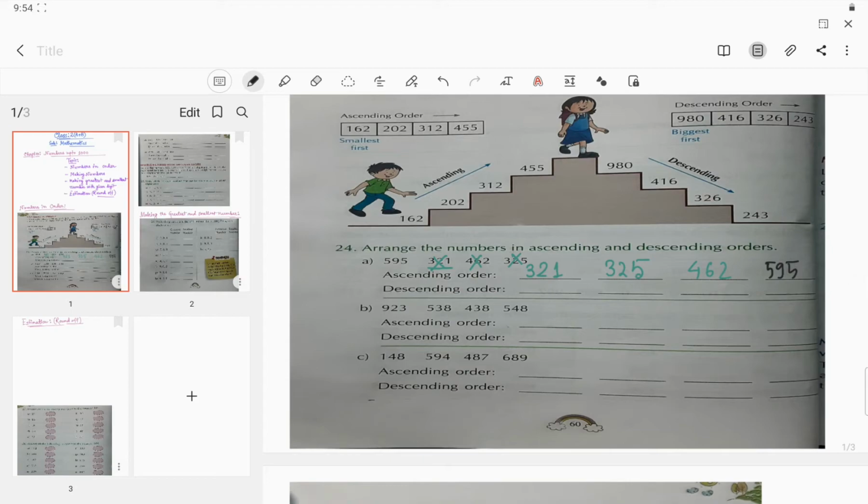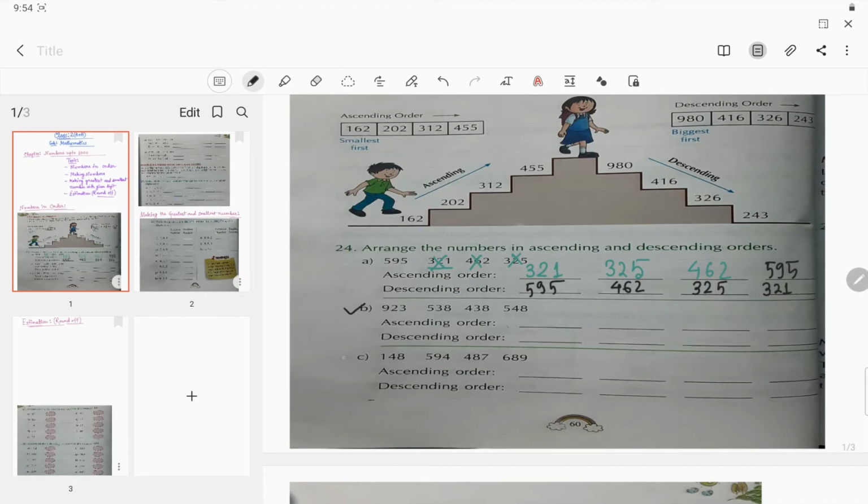Okay, now descending order, I told you before. If you reverse the order, that means if you write from 595, then 462, then 325, then 321, you can get the descending order.